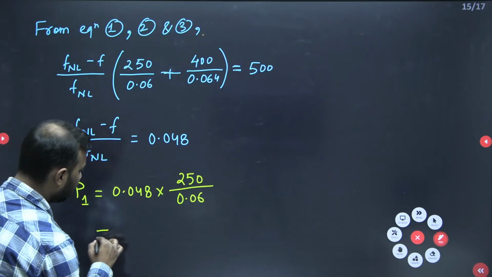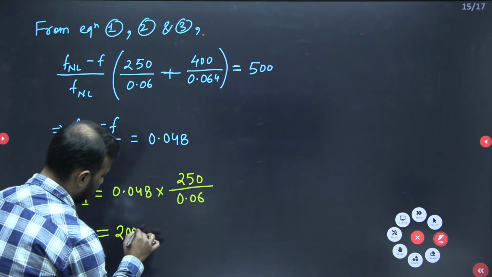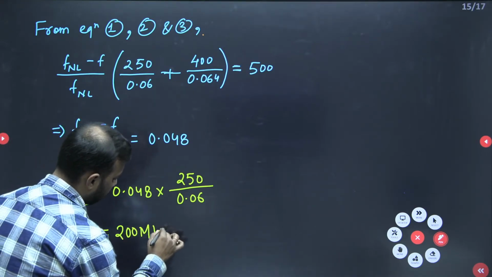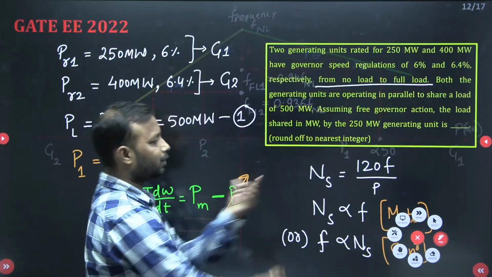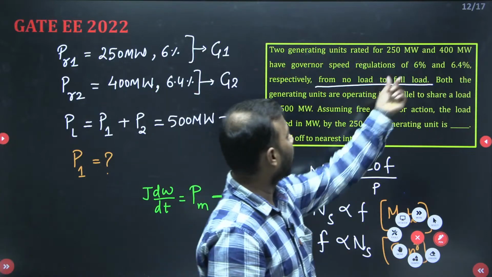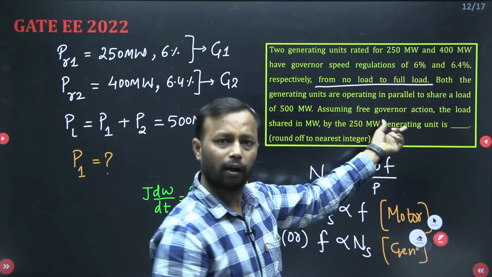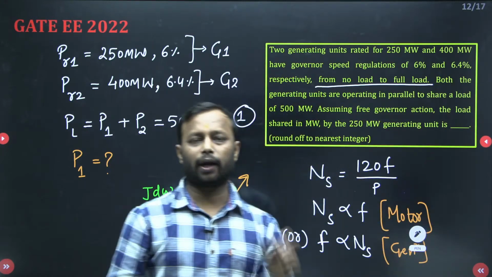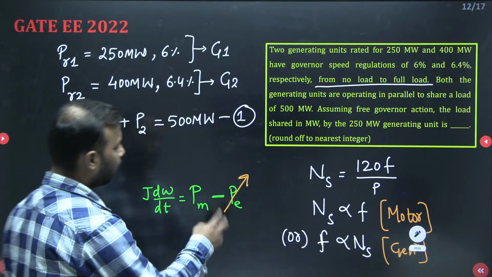So when you solve this, we are going to get 200 megawatt. So the power that is supplied by generator 1, the 250 megawatt generator that we were supposed to calculate, is 200. So the correct answer for this question is 200. Alright, any doubt in this question?